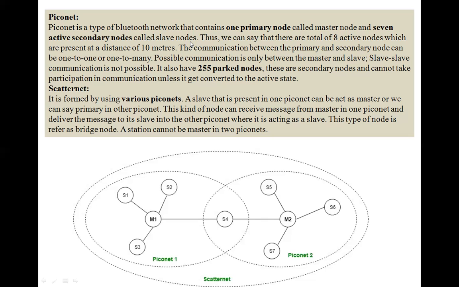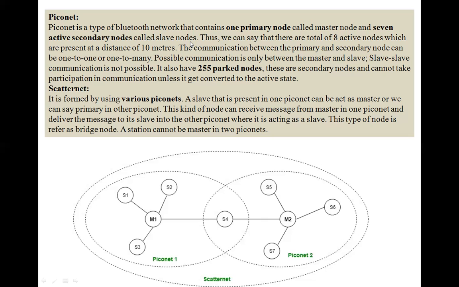Now we see what a scatternet is. It is formed by using various piconets. A slave that is present in one piconet can act as a master, or primary, in another piconet.